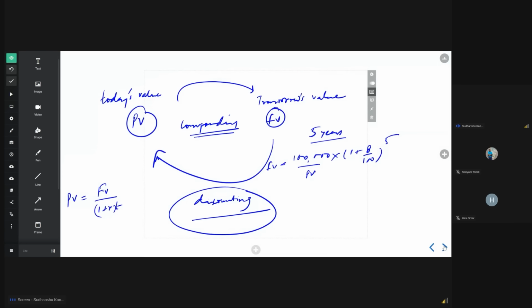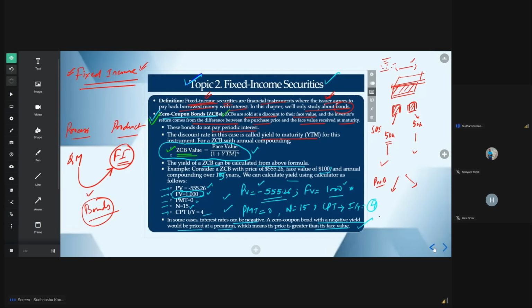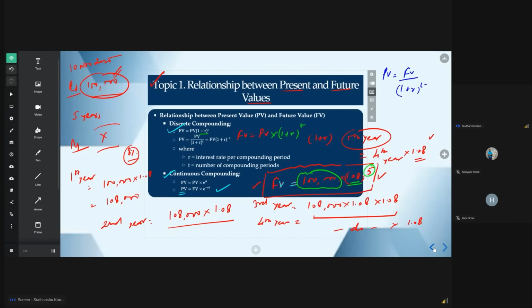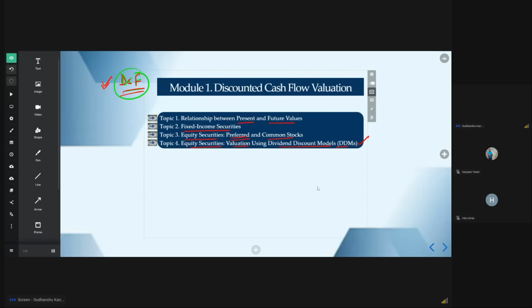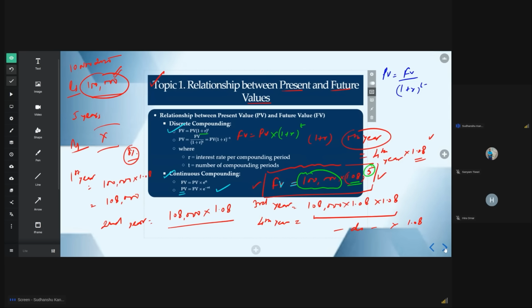So we are still doing module one. See, if you look at the part at the start, the dividend discount model, DDM, we are doing the last part, topic number 4. Okay, no worries. We will do the two numericals tomorrow.